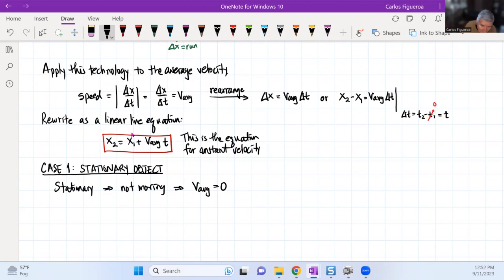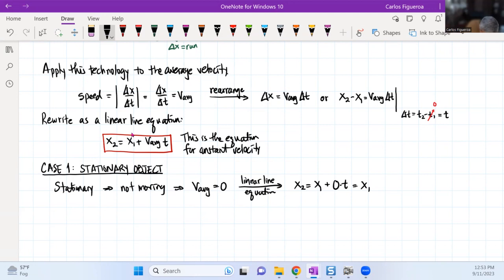But if I look at my linear line equation, this shows me that x2 equals x1 plus 0 times t, which means that x1 and x2 should be the same. That is not a surprise. That's what we mean if it's stationary. It's going to be in the same position always.